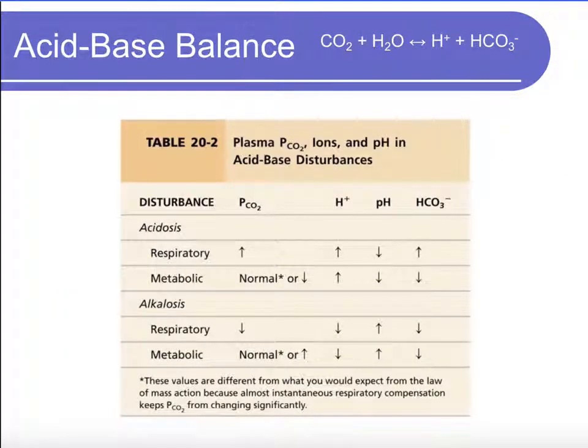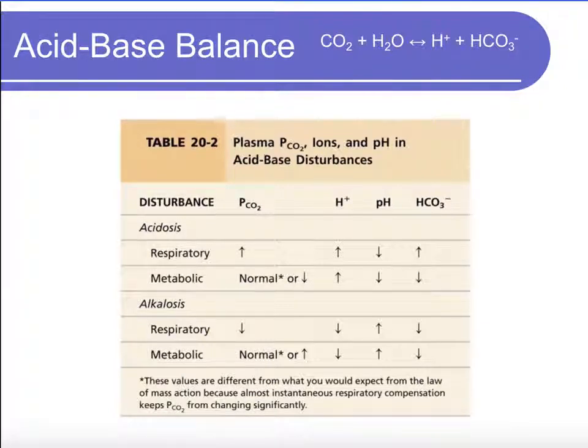Okay, and just to go over this, changes in pH, acidosis and alkalosis can happen due to a metabolic reason or a respiratory reason. And so when we talk about someone's blood pH changing, we don't typically just say that they have acidosis or alkalosis. We specify whether it's respiratory acidosis or metabolic acidosis. So if you have respiratory acidosis or alkalosis, it's really due to a problem with your respiratory system.